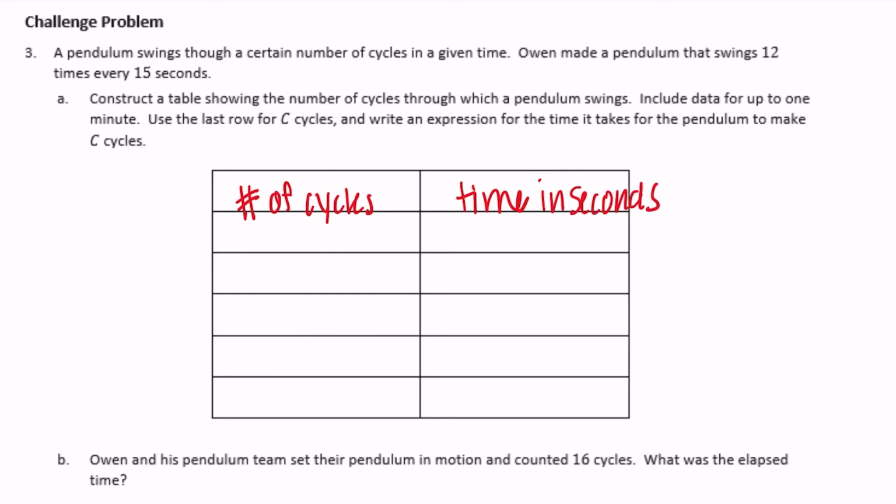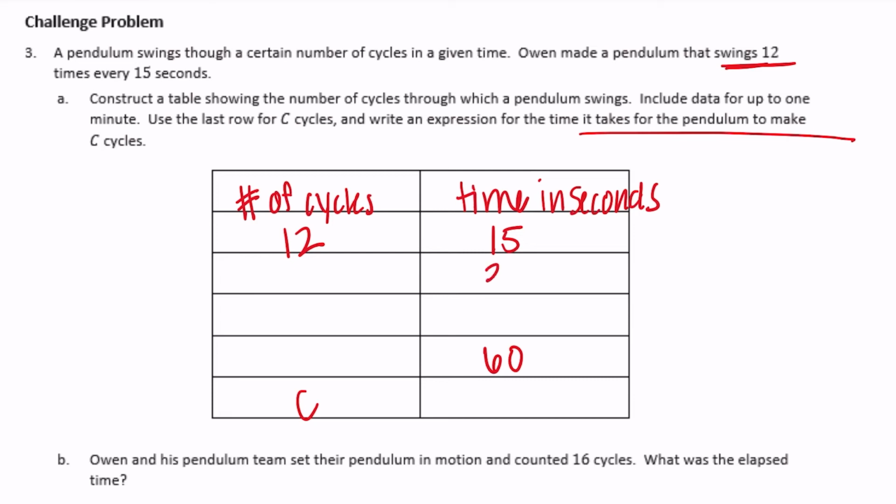Okay, so for 12 swings, we know that it is 15 seconds. What it wants us to do is include data for up to 1 minute, so 60 seconds, and then it wants to know how long it would take for a pendulum to make C cycles. So there are some things that they want to fill in right there, and we can keep going from there.